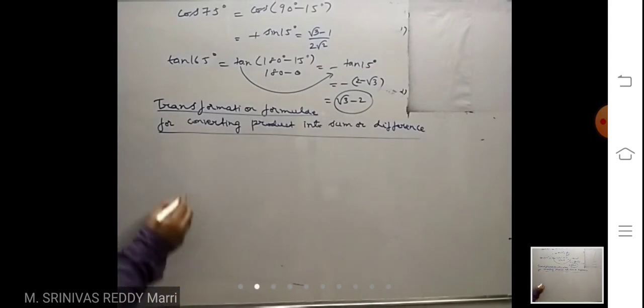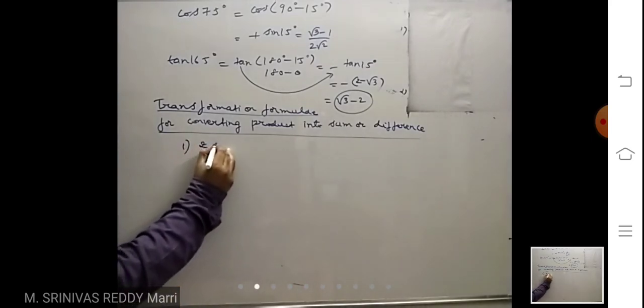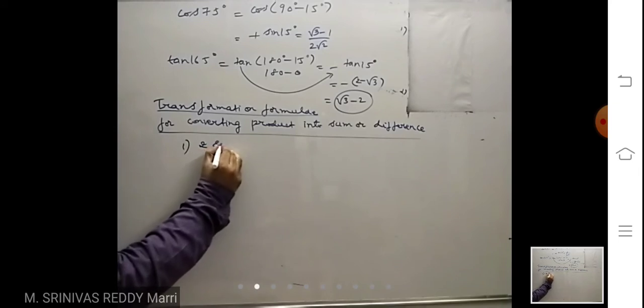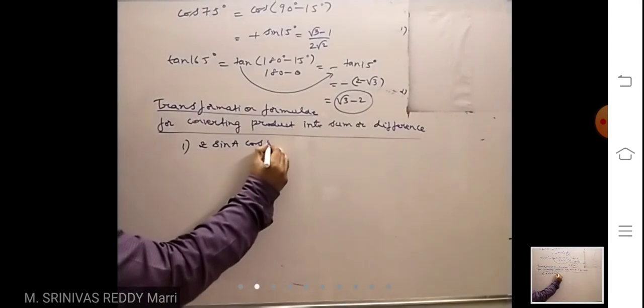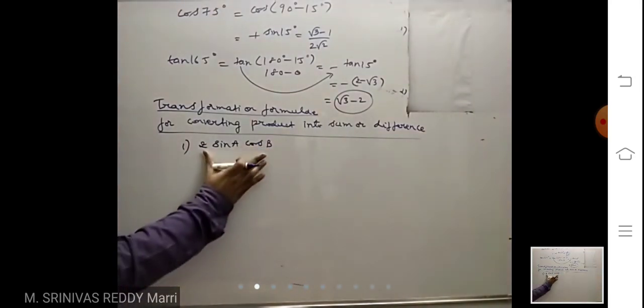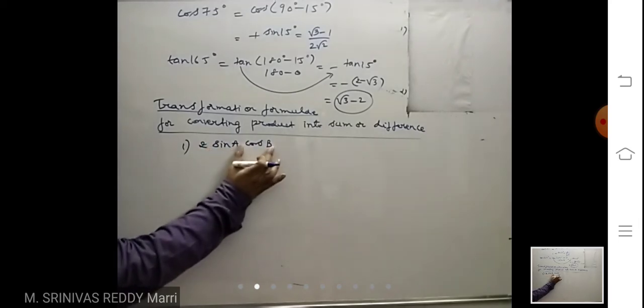Look at formula number 1, 2 sin A cos B. This is a product of sine and cos.